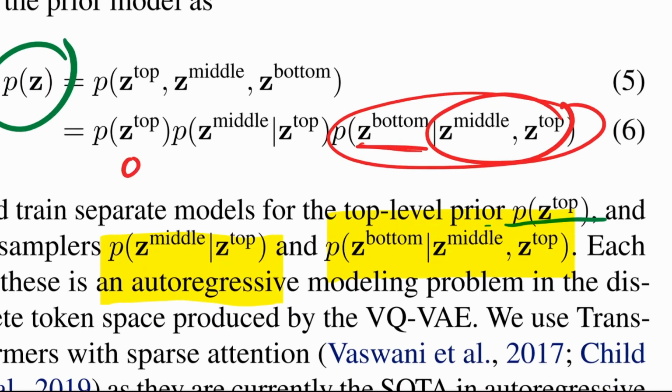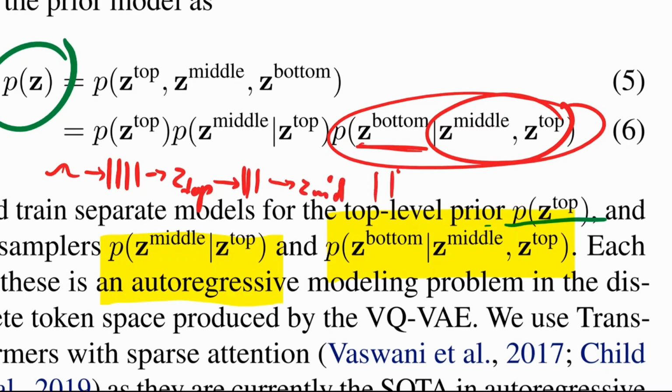I'm going to draw this neural network: it takes as an input maybe something like a Gaussian super prior, right? You sample from that, and that will, as an output, give you this Z top. Then the next neural network will take this as an input and will give you Z middle as an output. And then the final neural network will input the two of those and give you Z bottom.